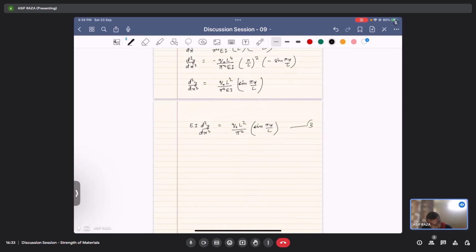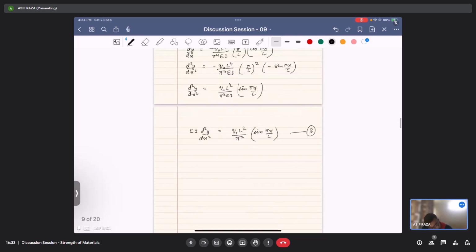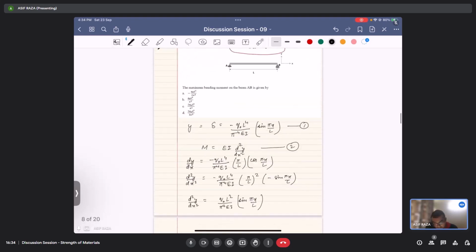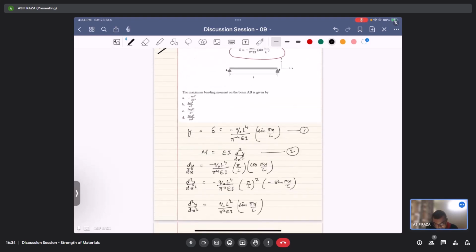I can write it as 3. So from 2 and 3, M is equal to q naught L square by pi square sin pi x by L. Now the question is asking about the maximum bending moment on the beam AB, right?